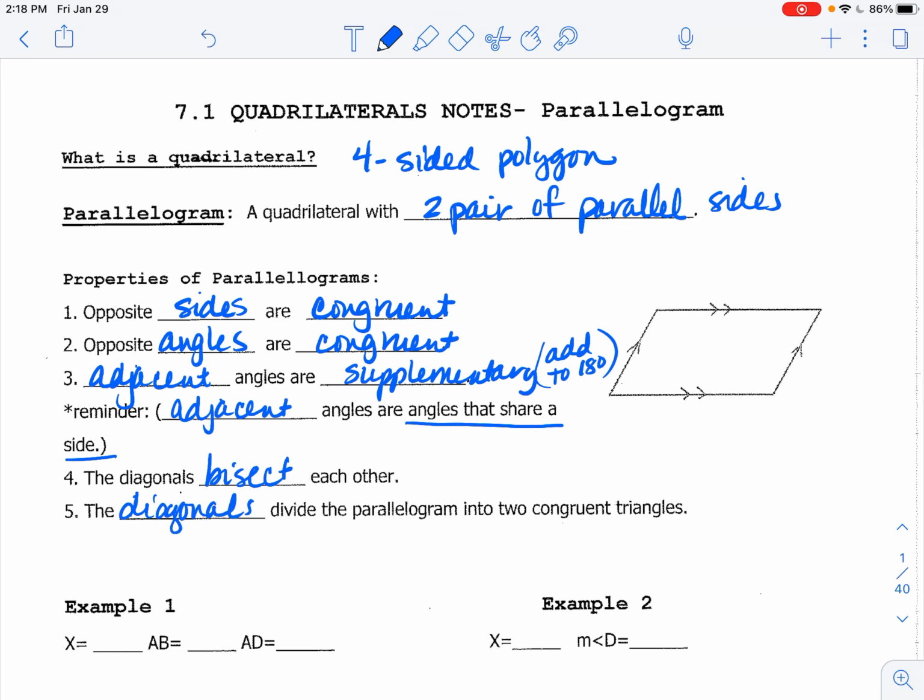All right, so I'm going to mark this up real quick. We know that opposite angles are congruent, so those two are congruent. These two angles are congruent. The diagonals are going to bisect each other, so that means this segment will equal this segment, and this segment will equal this segment.